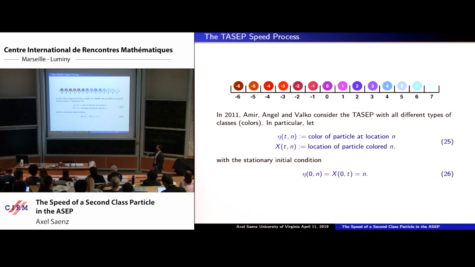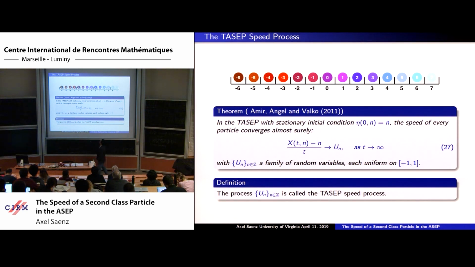The other way to keep track of the configuration is the location of the particle of color n at time t. And here, we're looking at the initial condition where the particles are all in increasing order.